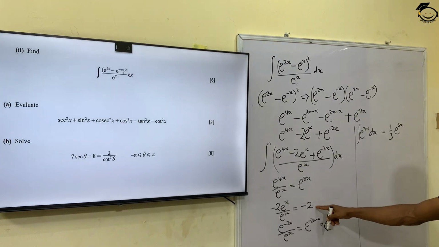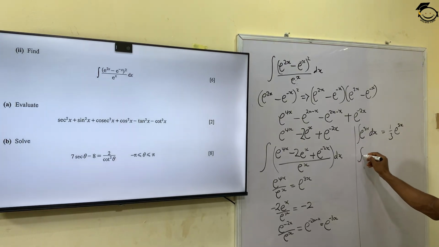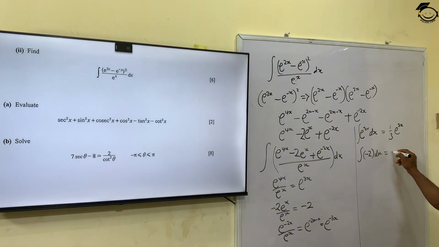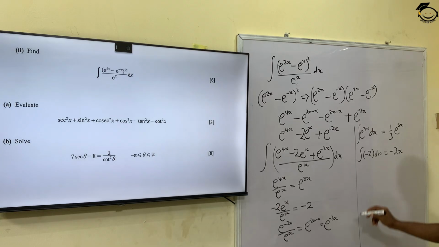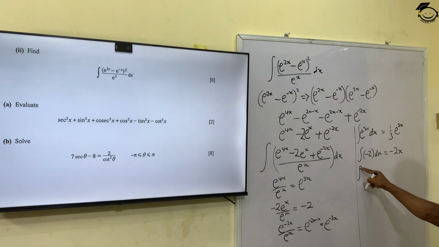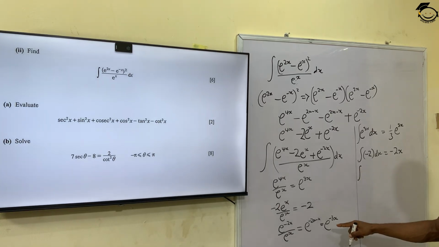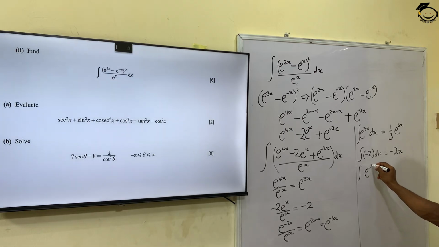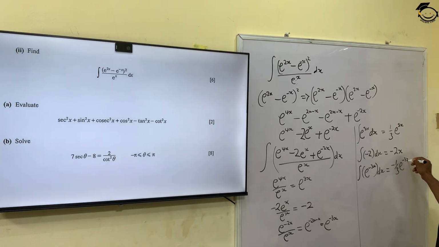All right, and for this other one we have minus the integral of minus 2 dx, which will give us minus 2x, and the integral of e^minus 3x dx would give us minus 1 over 3 e^minus 3x.